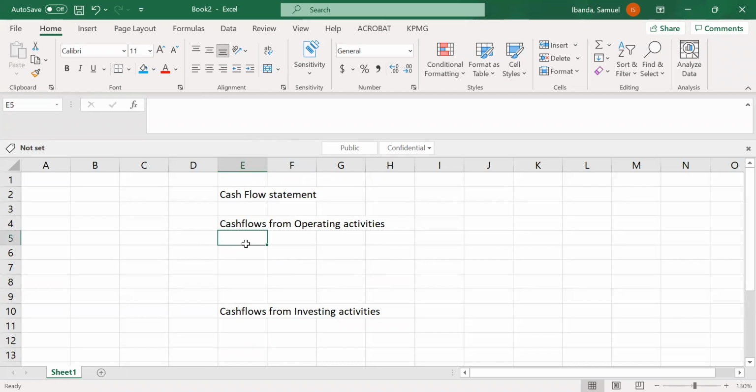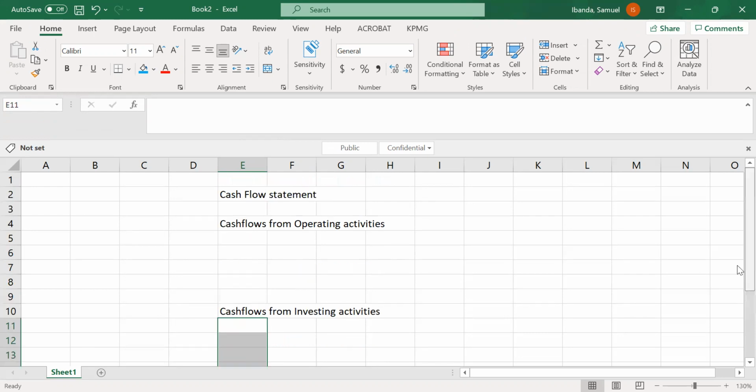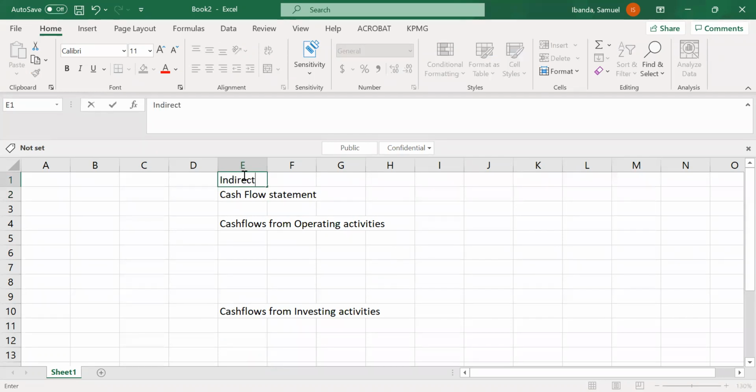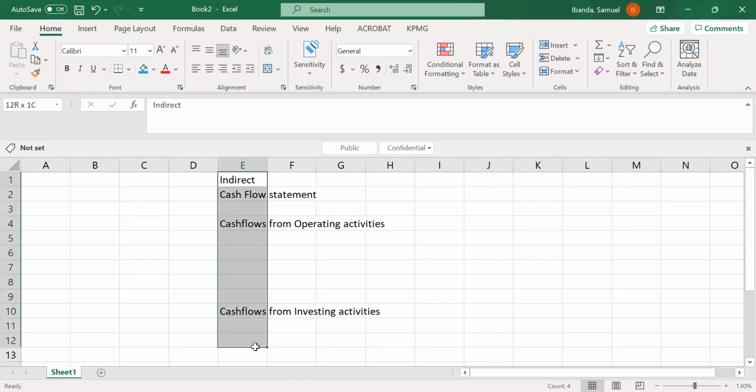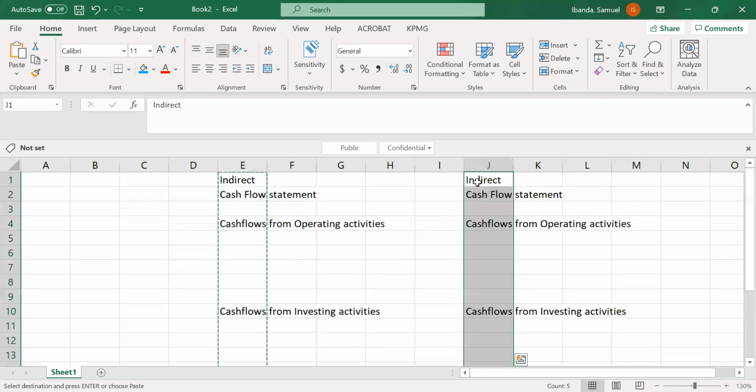Now there are elements that happen under each of these. I want to differentiate between the direct and indirect method. If, for example, this is the indirect method of preparing, then I'll also have the direct method here.